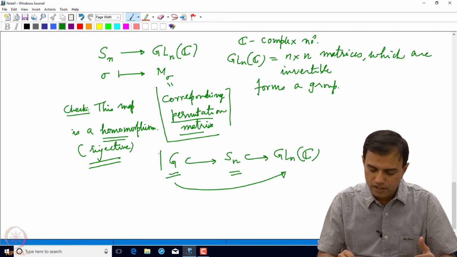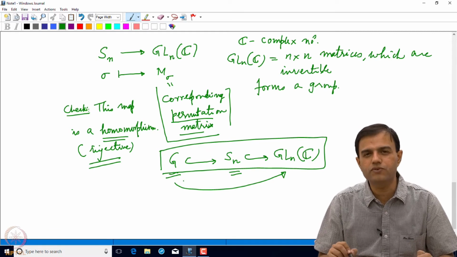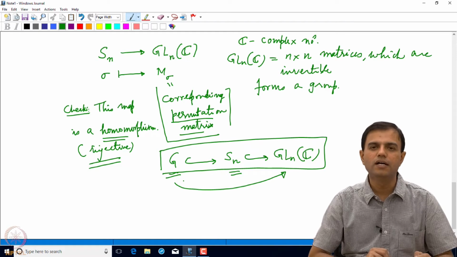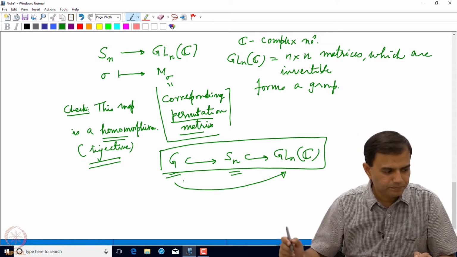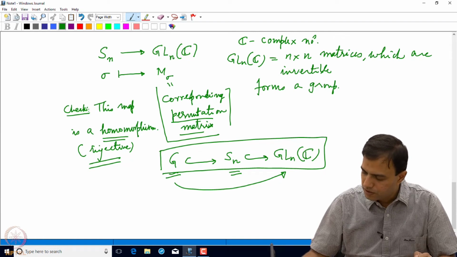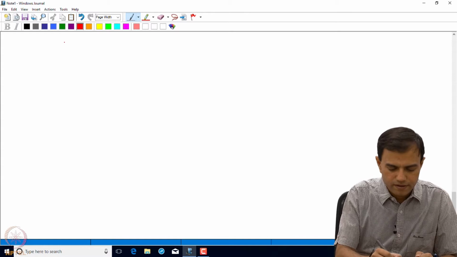That's how these things are useful. So with that, what becomes important are matrix groups.